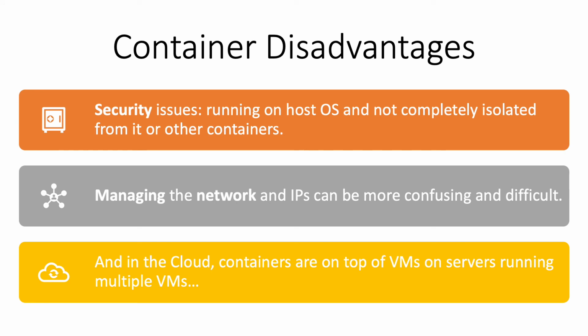And the other thing is efficiency. If you think about running in the cloud, you maybe have lots of containers on top of VMs, which are on servers, which are running multiple VMs. And you don't know the configuration that you're running on. You don't know how many VMs are on your server. You don't know what they're running.